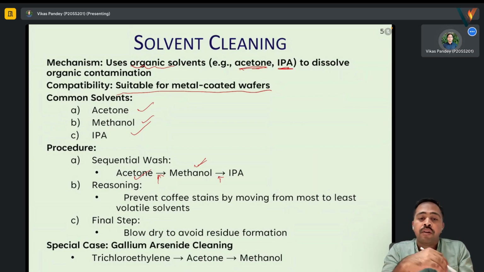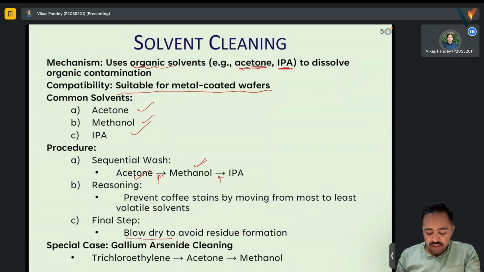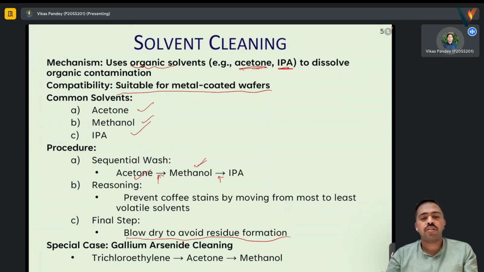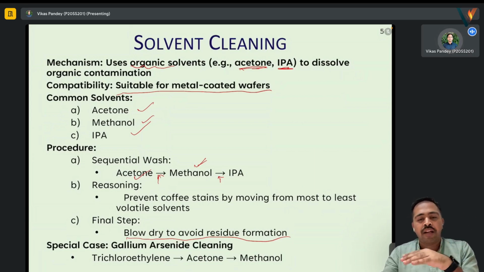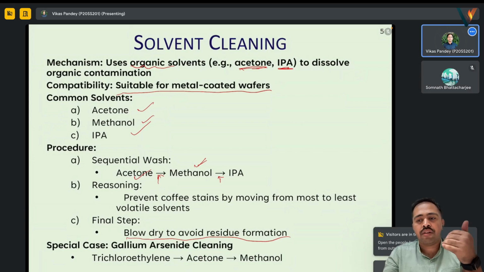And in fact, mostly after each step, blowing dry is used to avoid residue formation. And some people go from acetone to methanol and IPA with DI washes.